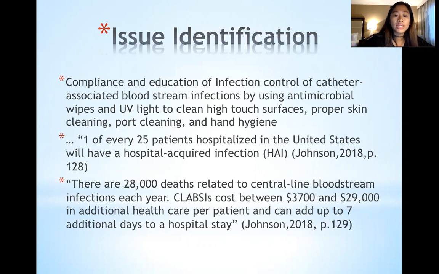So there are 28,000 deaths related to central line bloodstream infections each year. CLABSIs cost between $3,700 and $29,000 in additional health care per patient and can add up to 7 additional days to a hospital stay, which is inconvenient because sometimes people just don't want to stay in a hospital.